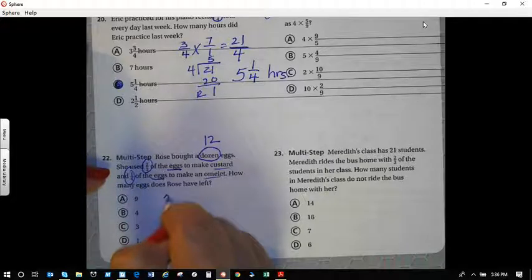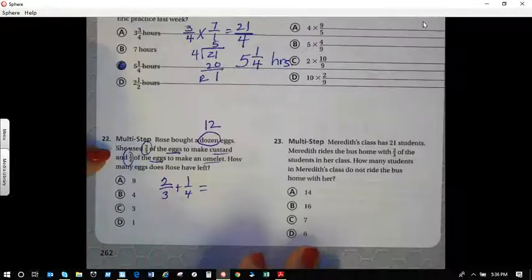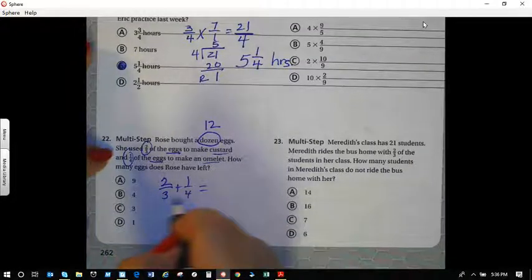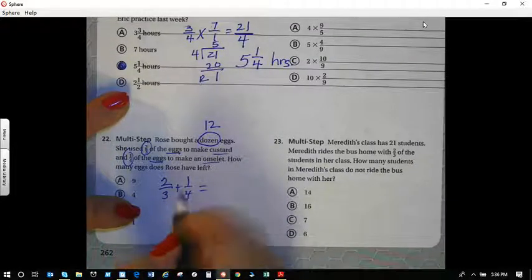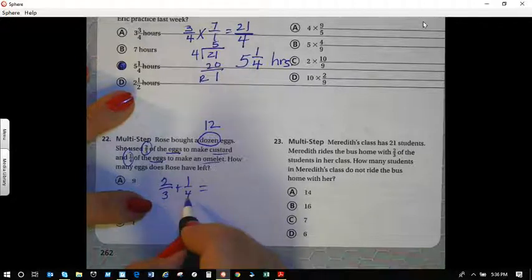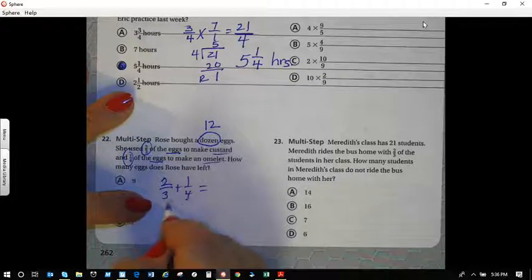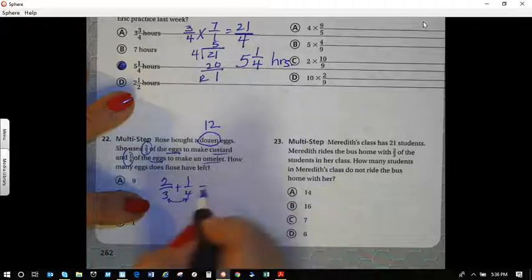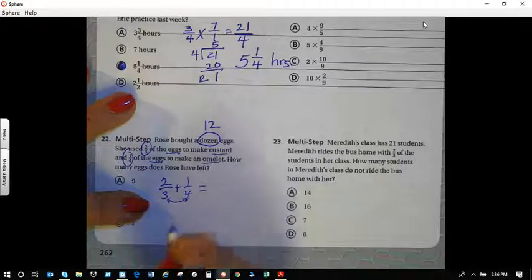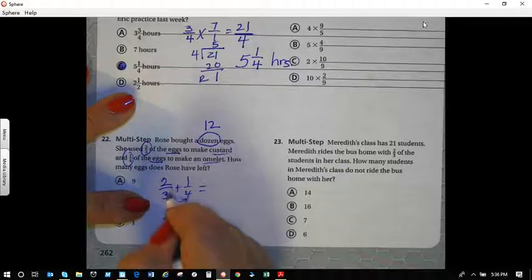So I have 2/3 plus 1/4 equals. Well, I can't add those without a common denominator. So my highest number is a 4. Can I multiply anything by a 3 to get to a 4? No. So now what I can do is just go ahead and multiply these together, and my common denominator is 12. How did I get from 3 to 12? Well, I multiplied it by 4.